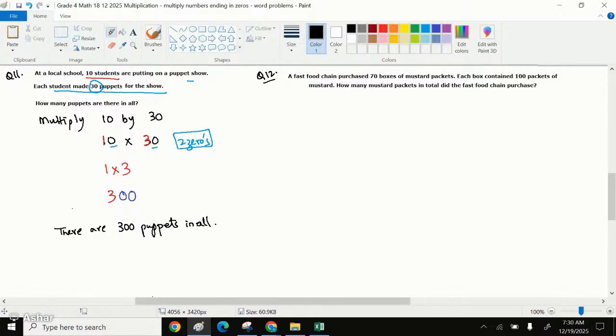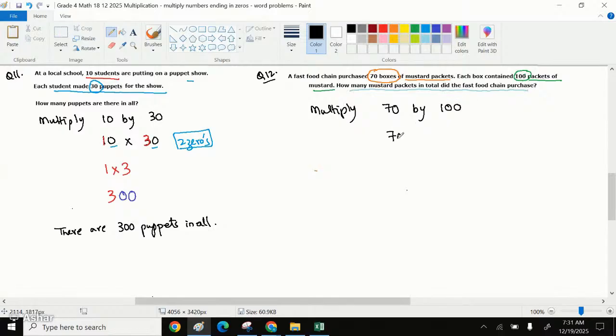Okay. The question says, a fast food chain purchased 70 boxes of mustard. Each box of mustard contains 100 packets of mustard, right? What they're asking us is, how many mustard packets did the fast food chain purchase in total? So we need to multiply 70 boxes by 100 packets.